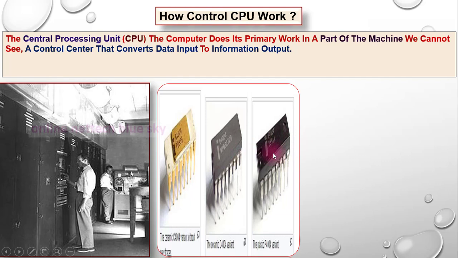You can see two were ceramic, but the third is plastic. This is much smaller, easier to use, and uses low power and little space, whereas old generation computers needed at minimum two rooms and used a lot of space.